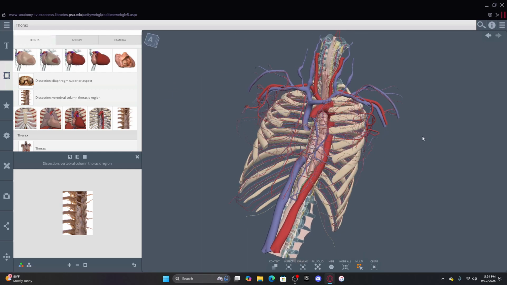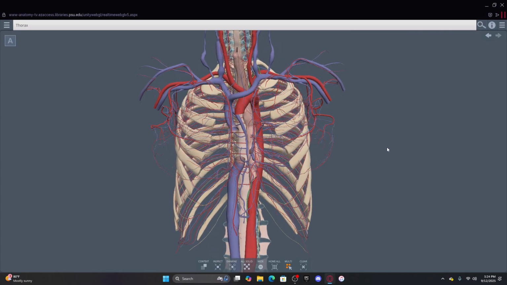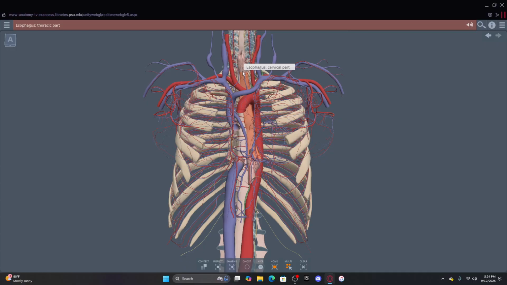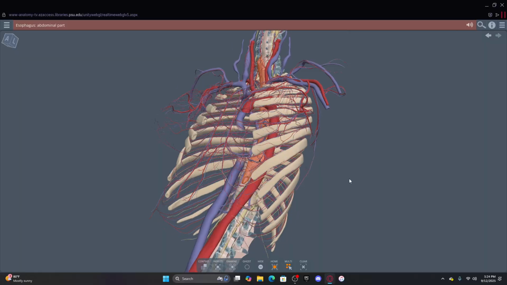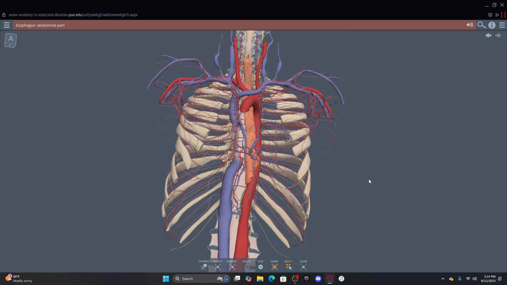The first structure I want to speak about is the esophagus, right? The esophagus is that muscular structure in the mediastinum here. It's right next to the aorta and the vertebral column. That thick muscular structure.